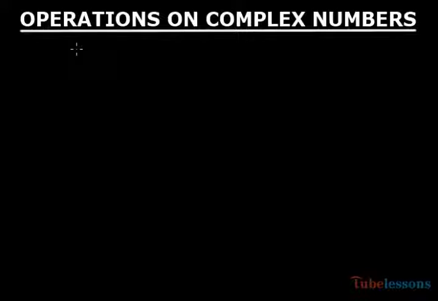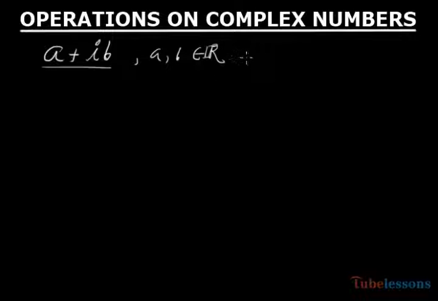The number of the form a plus ib, where a and b belong to the set of real numbers R and i equals root over -1, i square is equal to -1, is known as a complex number.